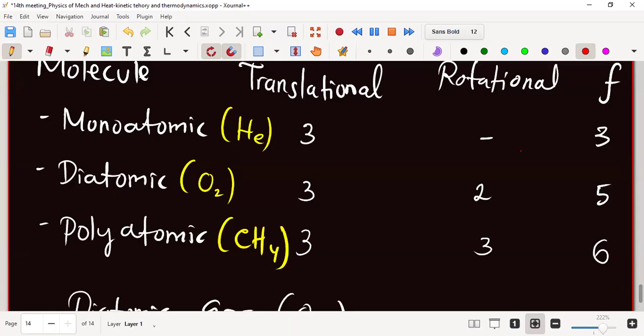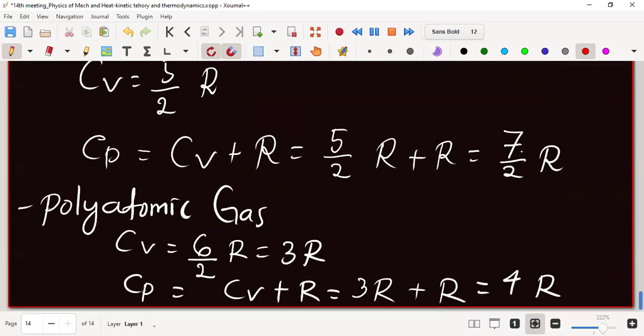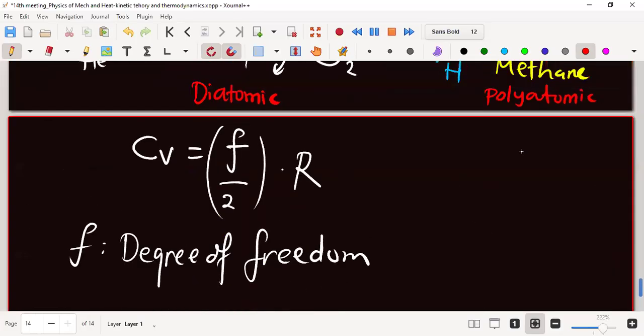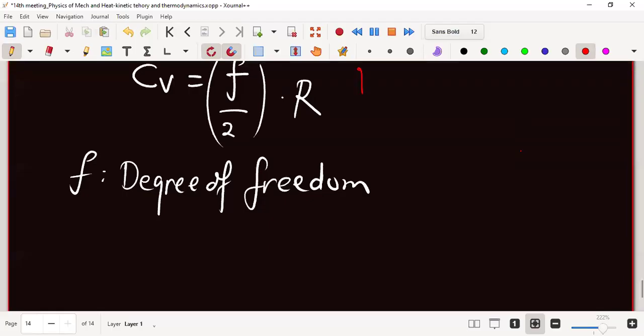And polyatomic total is six. We can use this formulation for molar specific heat at constant volume.